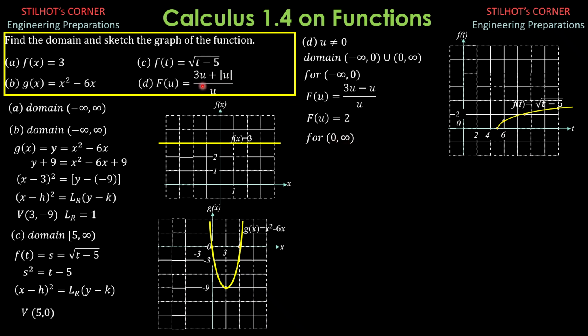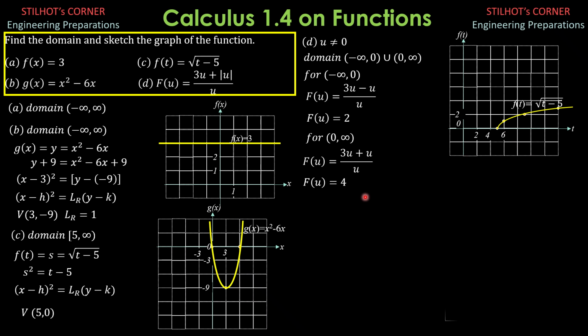So f of u becomes 3u plus u over u, or 4u over u, which is equal to 4. We can cancel u because u is not equal to 0 in this interval. Remember, 0 is not included as part of the restriction here. So f of u equals 4, which is a constant.